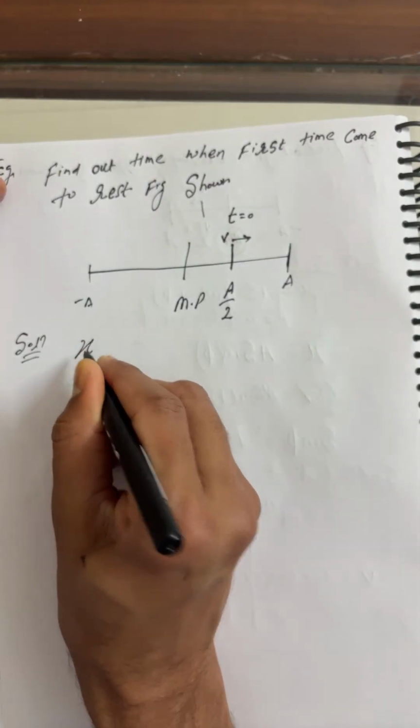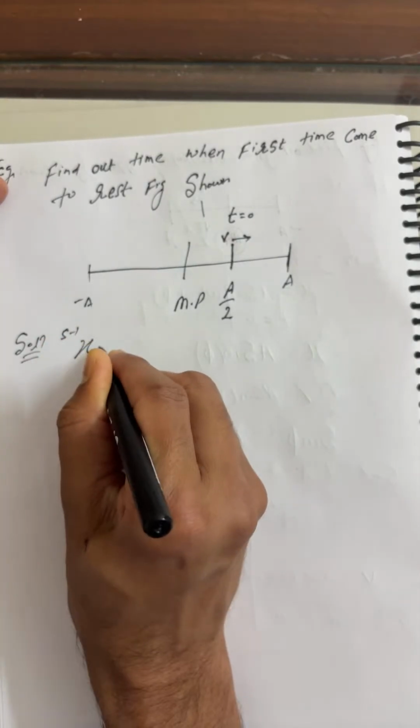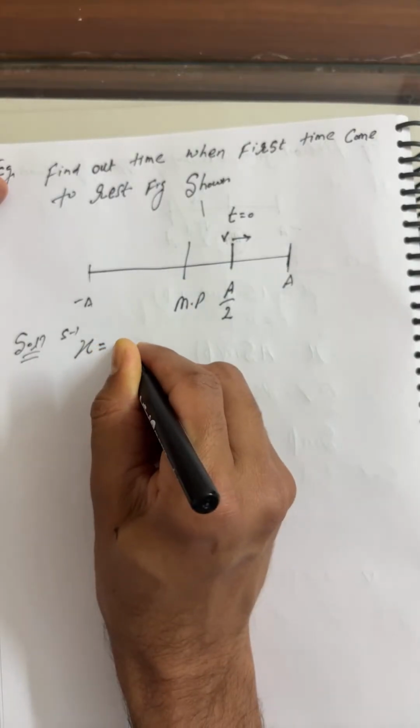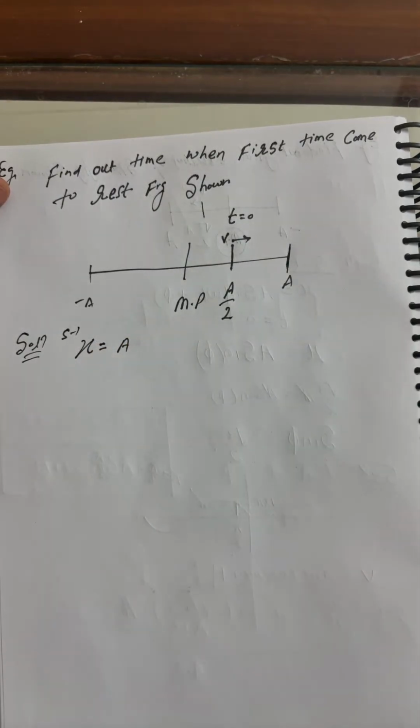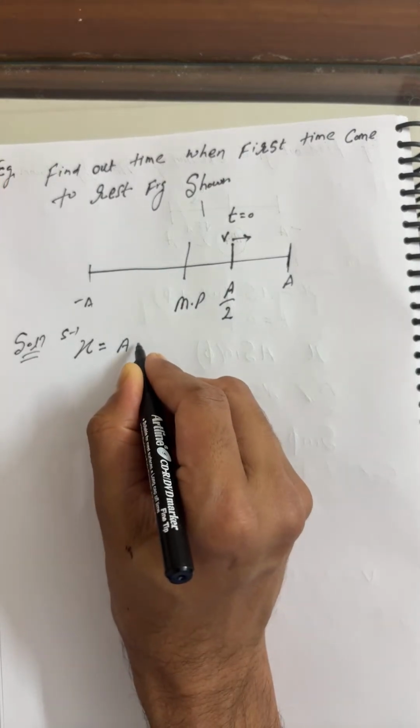For this, I can write step 1: you have to write the general equation of SHM.